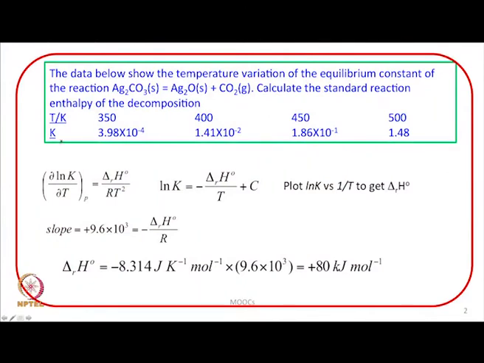And let us see whether the given data is in accordance with this. What we see here is when the temperature is changed from 350 to 500 Kelvin, the value of equilibrium constant increases from 3.98 into 10 raised to power minus 4 to 1.48.